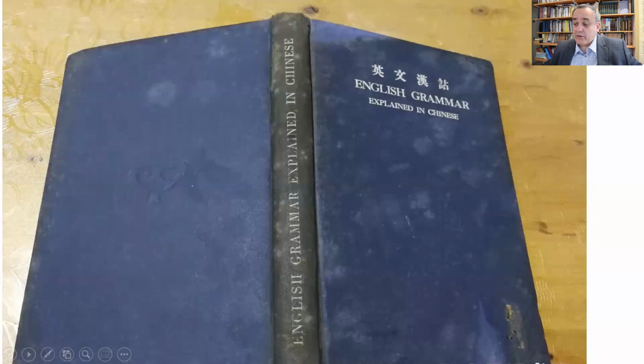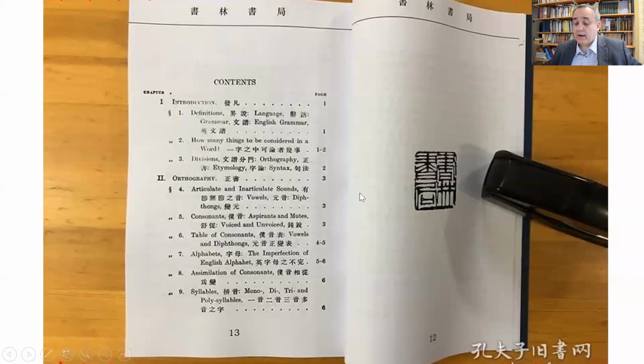Going further in time, in 1904 we have a book by Yan Fu called English Grammar Explained in Chinese, 英文汉语. In this book, again because of the English, you have the Chinese oriented from left to right.